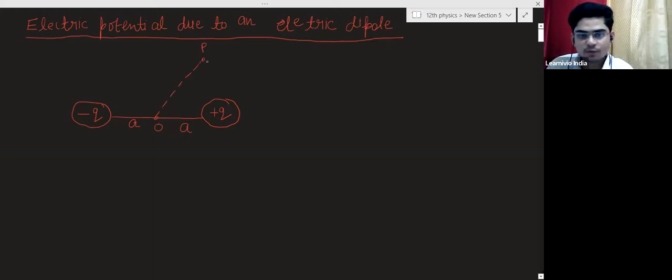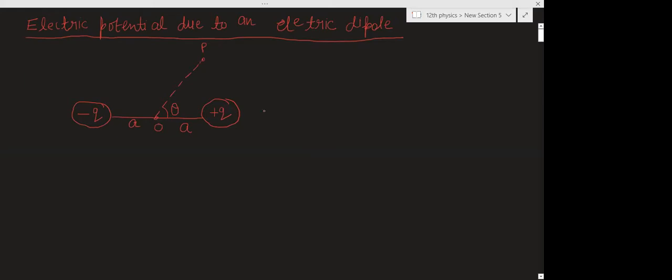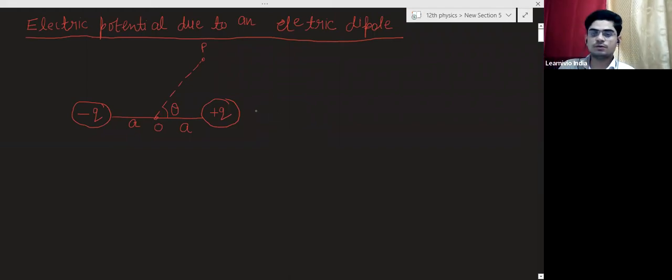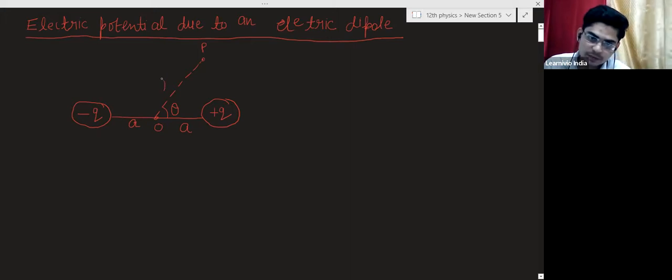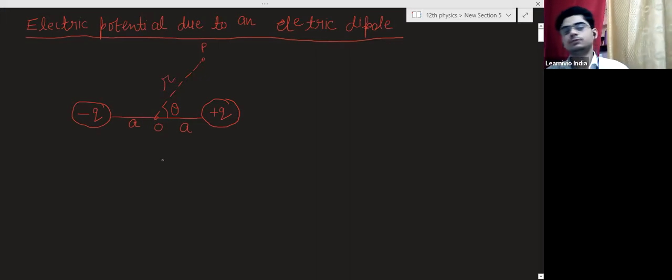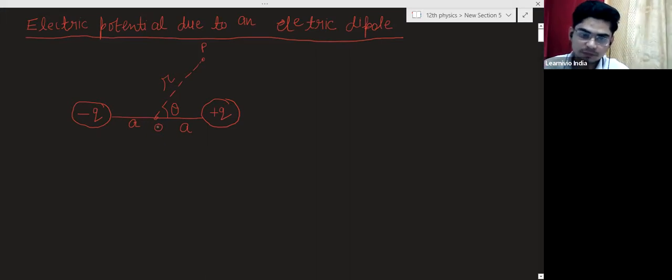This is a general point P, and this point P makes an angle theta with this line. And this is the distance r between the center O of the dipole and the point P.